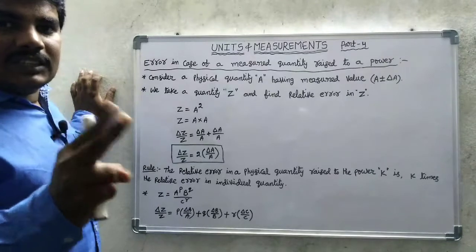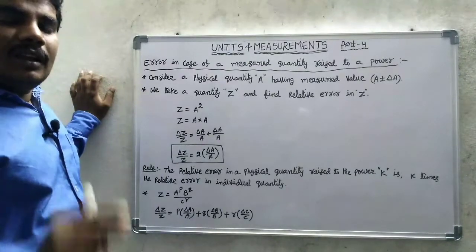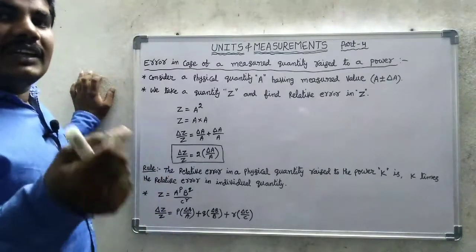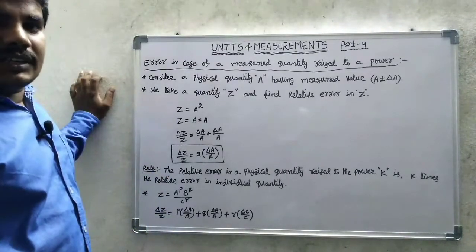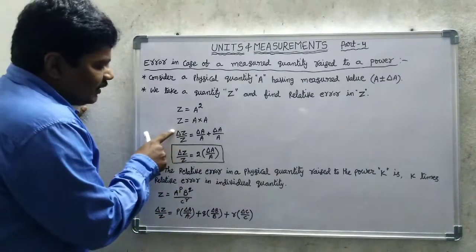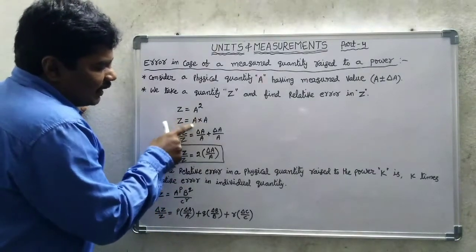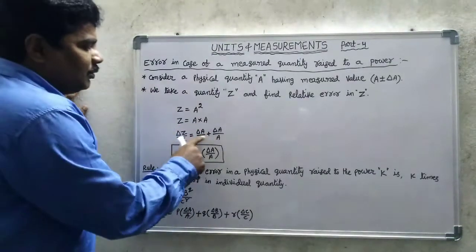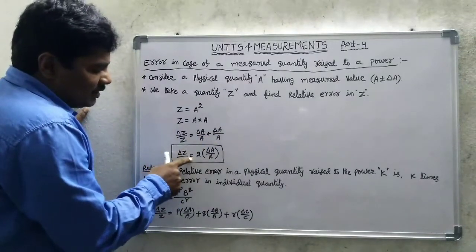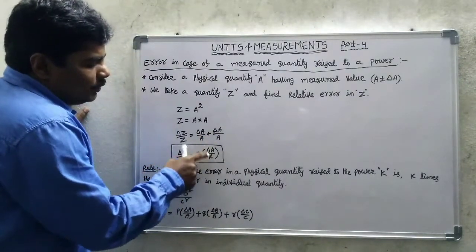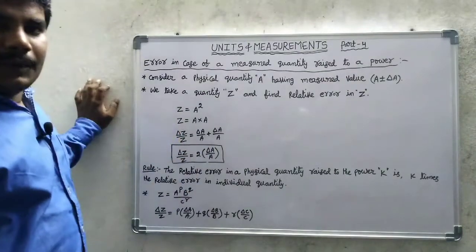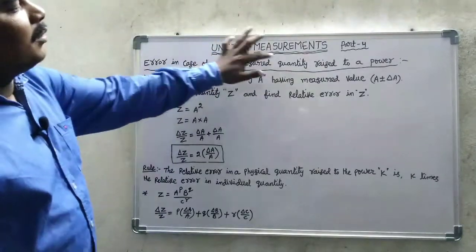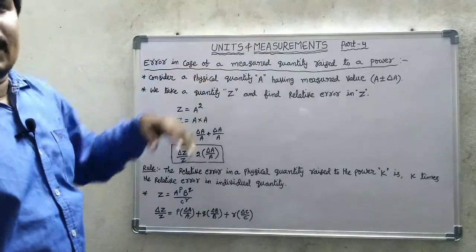When two physical quantities are multiplied, the relative error in the final result is the sum of the relative errors of the individual quantities. That's why delta Z by Z is equal to delta A by A plus delta A by A. These two are the same. So delta Z by Z is equal to 2 into delta A by A. So this is the error in the case of a measured quantity raised to a power.